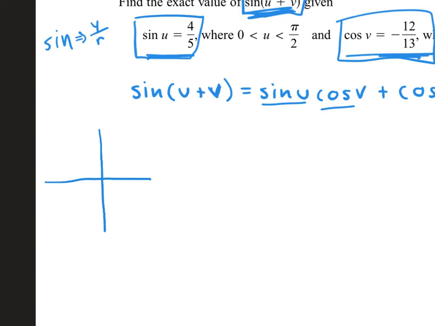So we need to find what our x, y, and r are. It already gave us that our y is 4 and our r is 5. So we have to figure out what the x is. Now we use this other little piece of information here to tell us which quadrant our triangle is going to be in. So if we're going from 0 to pi over 2, what quadrant are we in?